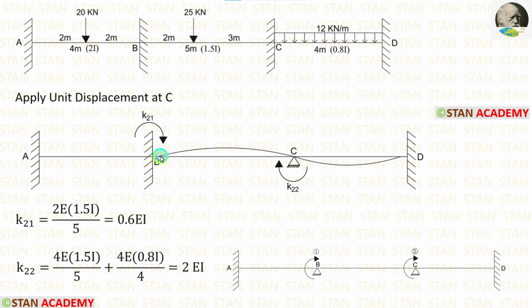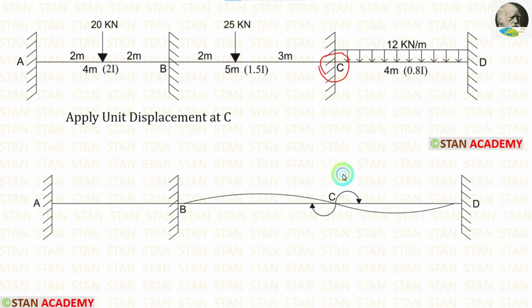Now, let's see how to draw this curve. From the point C, we have to make two clockwise curves, one towards the point B, one towards the point D. Both of the curves should be in the clockwise direction.